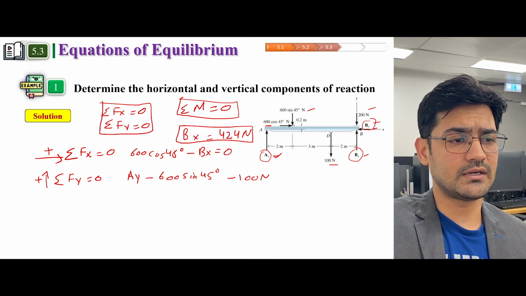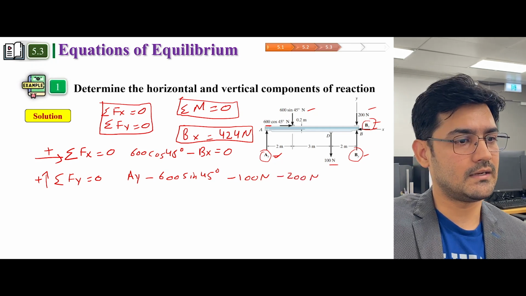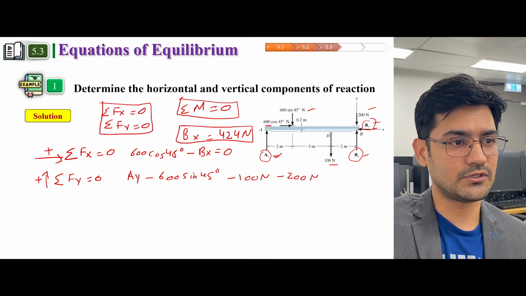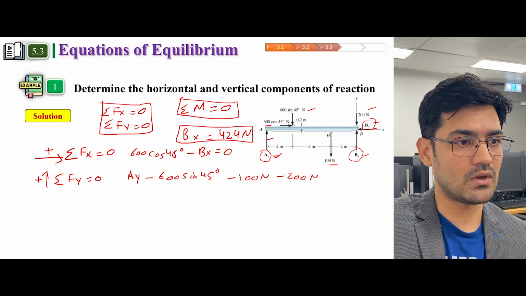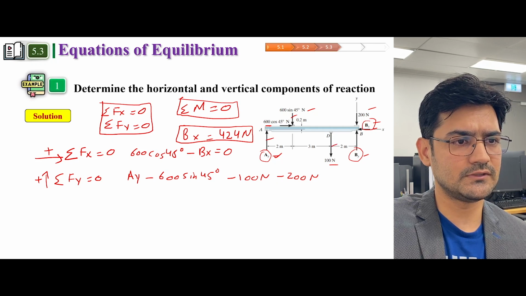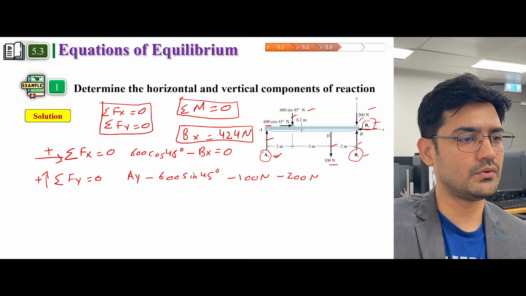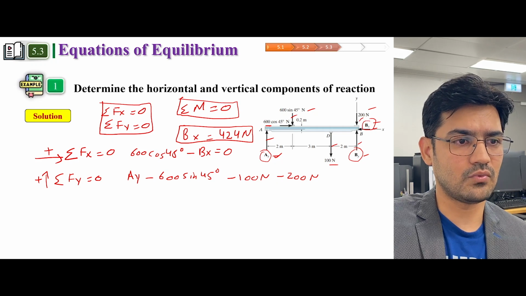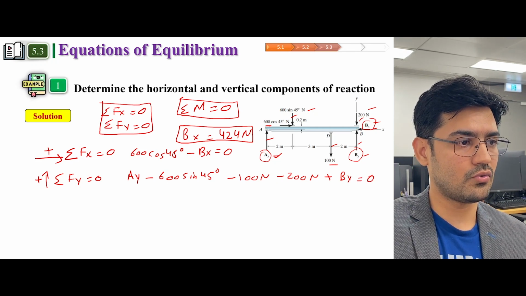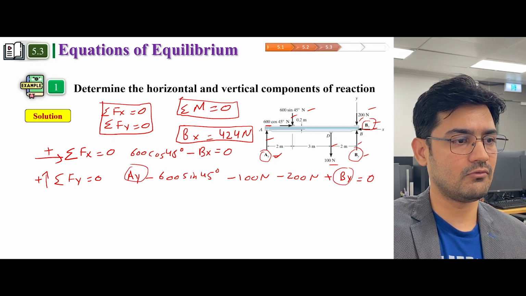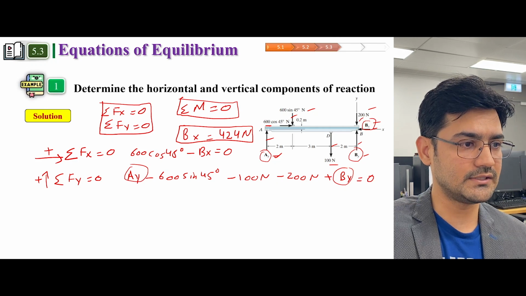This one is also negative because this one is acting downwards, and there is no other force which is acting on a vertical direction. 1 2 3 4 5, and the fifth one is positive b of y is equal to 0. Now we don't know ay, we don't know by, so we're gonna just solve this.